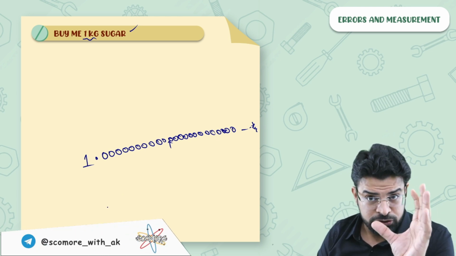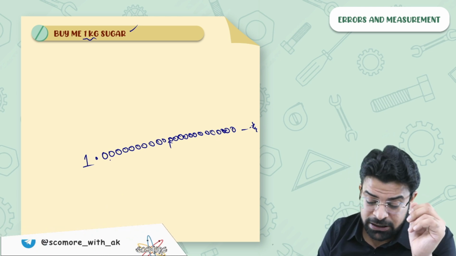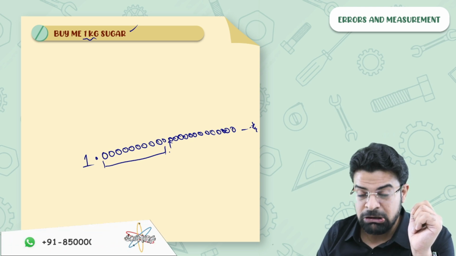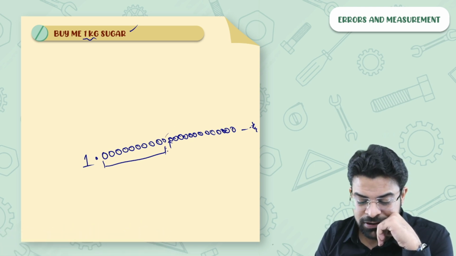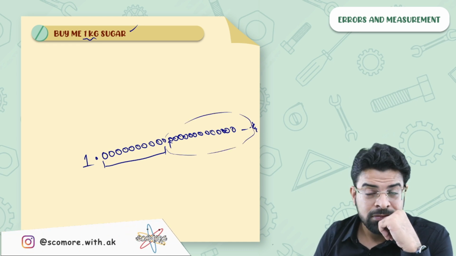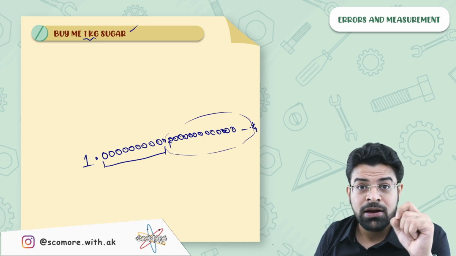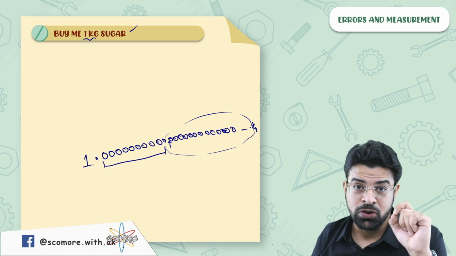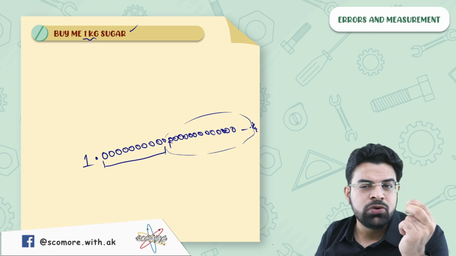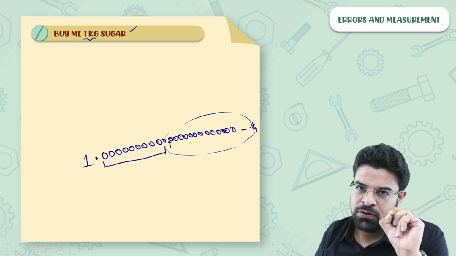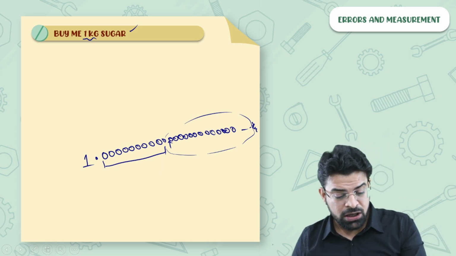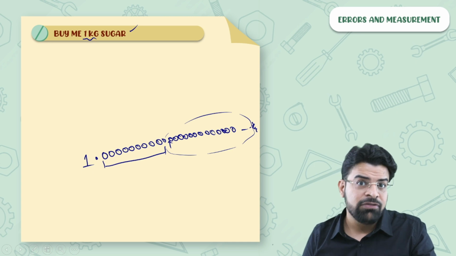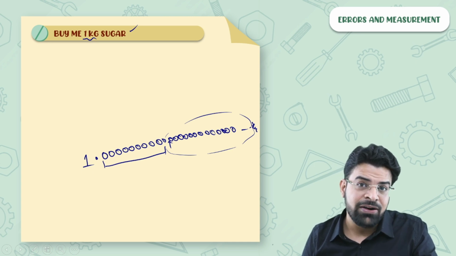Even if you used a weighing scale which can measure up to 10 places after the decimal, a very nice scale, then you don't know what the digits after that are. No one can buy exactly 1 kg of sugar. It has to be slightly more than 1 kg or slightly less than 1 kg. So every reading that we take has some error in it.